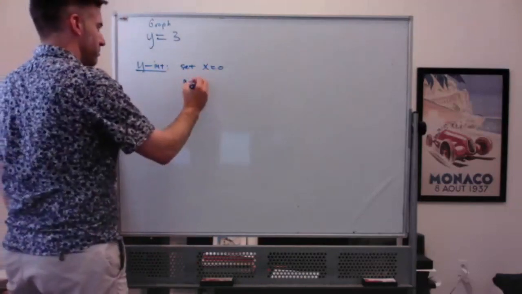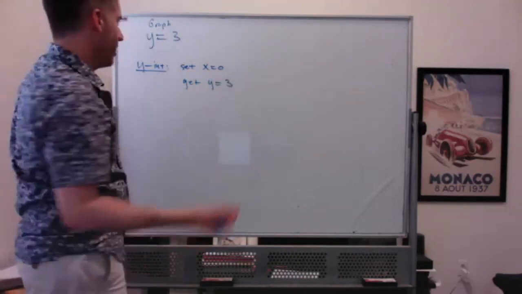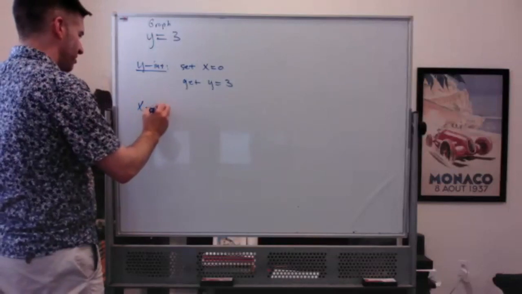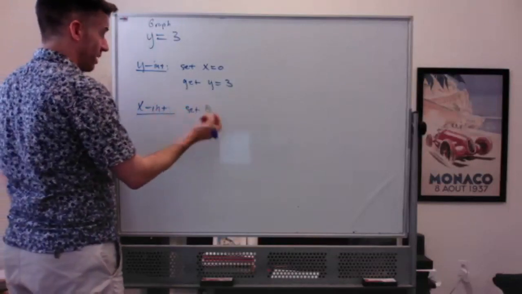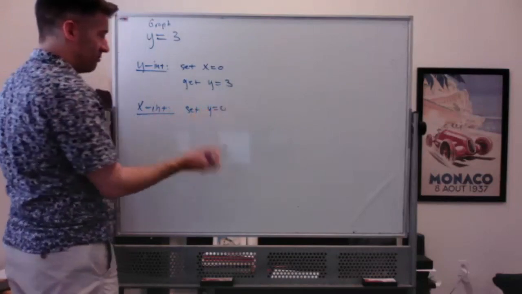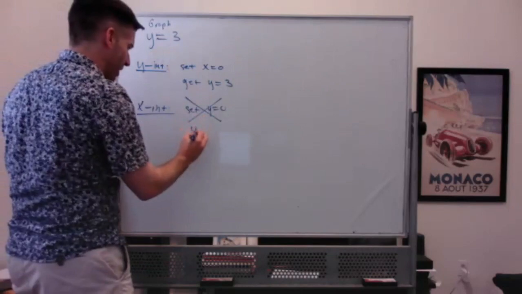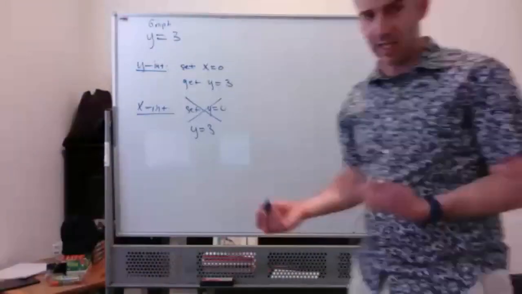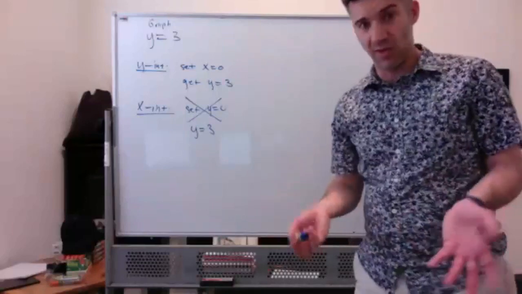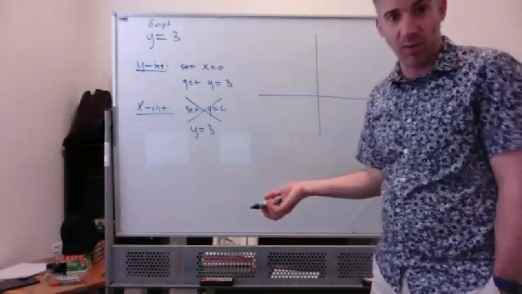We get y equal to 3. Y is always equal to 3. And the x-intercept, there isn't one. If we set y equal to 0, that doesn't work because our equation is y equal to 3. What we're getting at here, which I imagine many of you already know, is we have a horizontal line. We have literally every point where y is equal to 3.